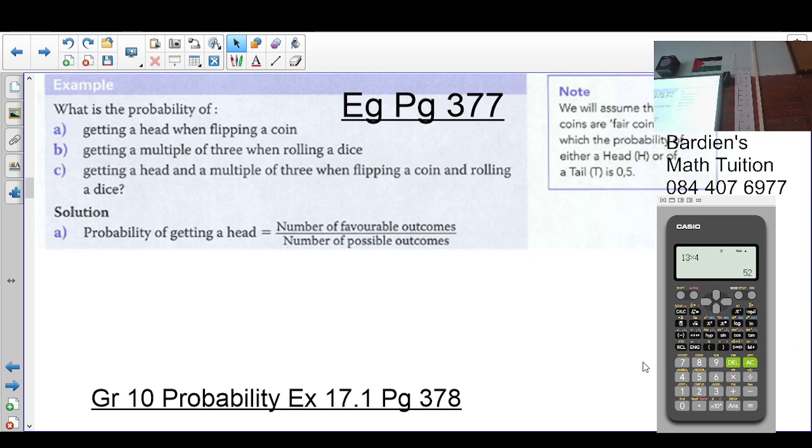Also, when we go with marbles in a bag, we must consider that the marbles are all the same size. Why? Because if you put your hand into the bag, the chances of you picking a bigger marble is larger. Not so?